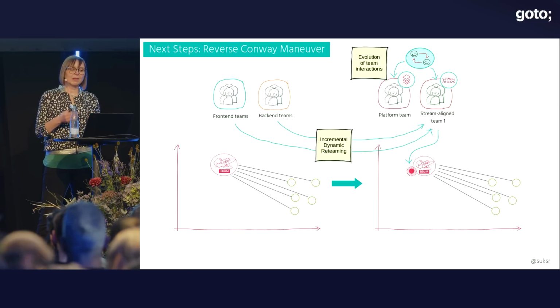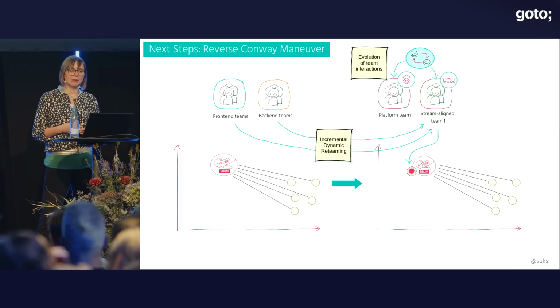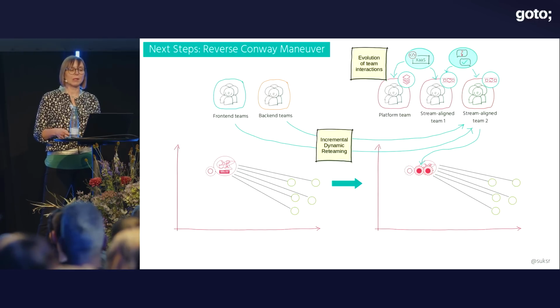And this can also be supported by the evolution of team interaction modes. So the interaction mode between teams, the newly formed teams, platform and stream-aligned teams, can change during our transition and support our transition. So for example, going from close collaboration to X-as-a-Service, and then also going into facilitation mode with the newly formed streams.